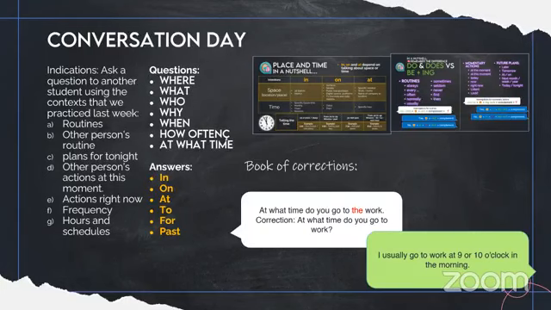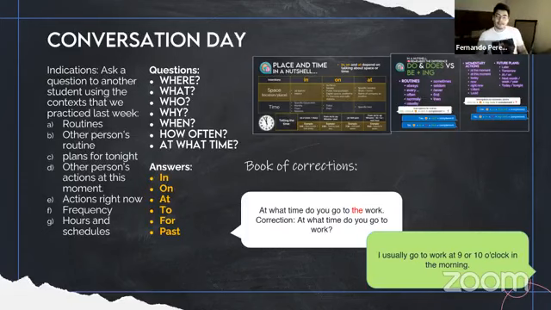Hi, Arthur. Do you have children? Excellent question. Yes, I have 5 children. 5? Okay. Wow. All right.